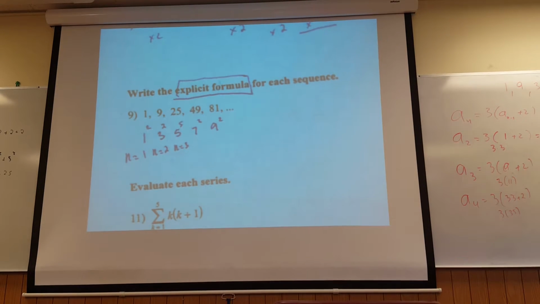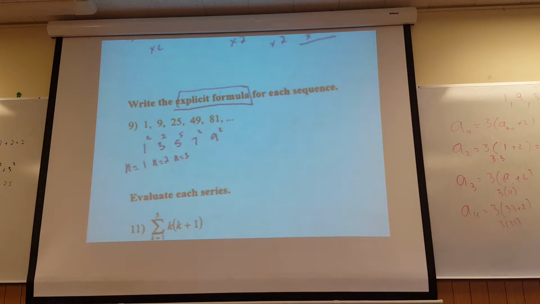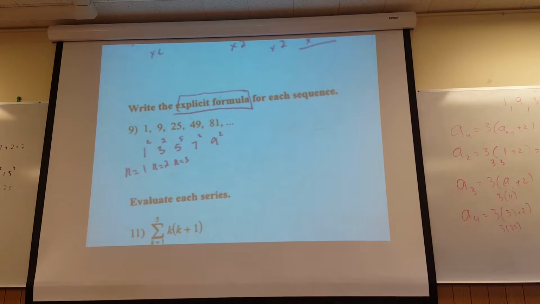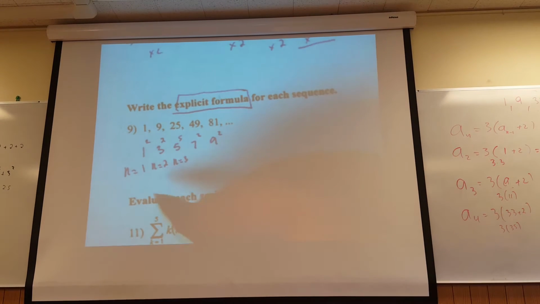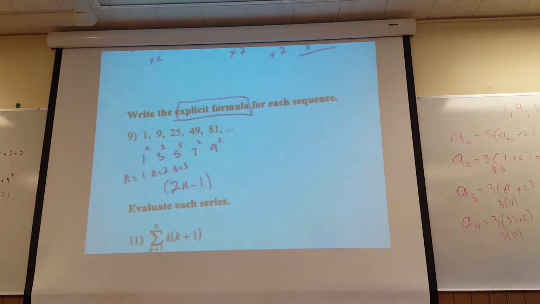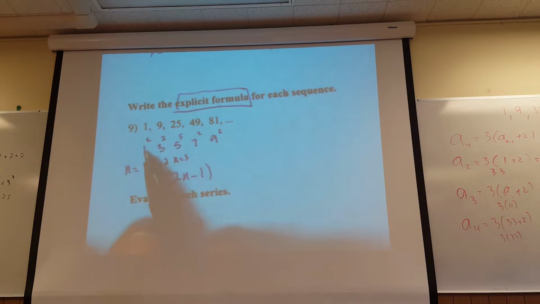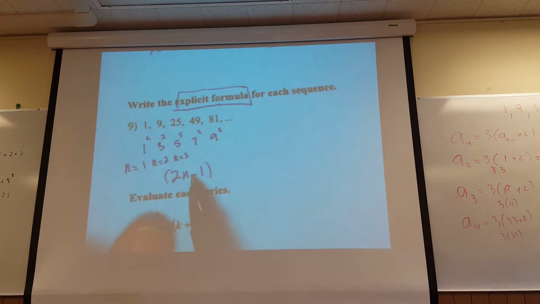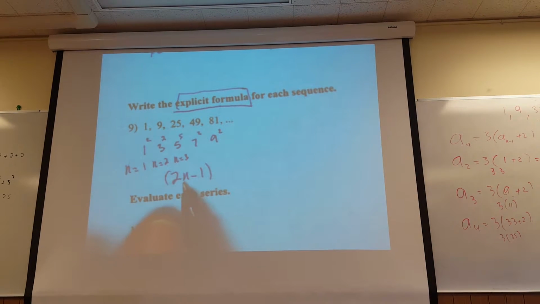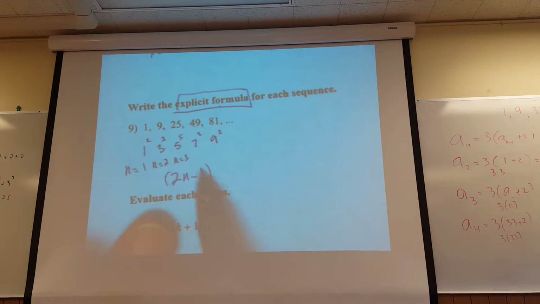Now, we did a problem at the very first in the book where we got 1, 3, 5. Remember what that formula was? Yeah, so see, that was 2n minus 1. So when we put 1 in, you get 2 minus 1, which is 1. When we put 2 in, you get 4 minus 1, which is 3.